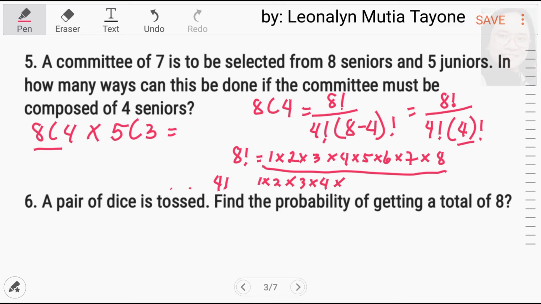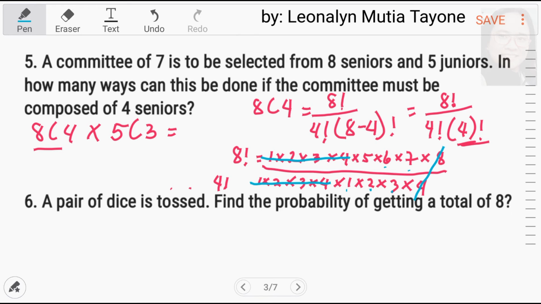Tapos, nag-multiply ka pa ng isa pang 1 times 2 times 3 times 4. Kapag ganito, cancel out lang tayo. Cancel mo yung 1 to 4 kasi may 1 to 4 na dito. Ang natitira mo na lang ay 5 times 6 times 7 times 8, at 1 over 1 times 2 times 3 times 4.